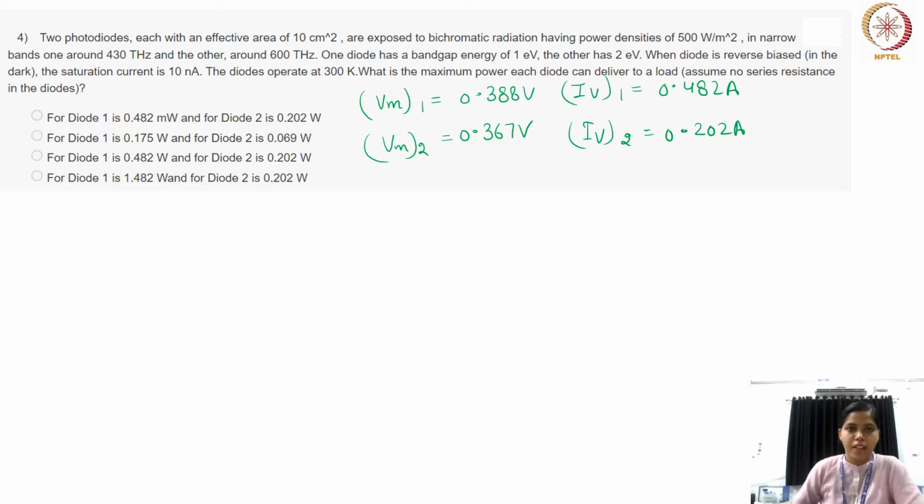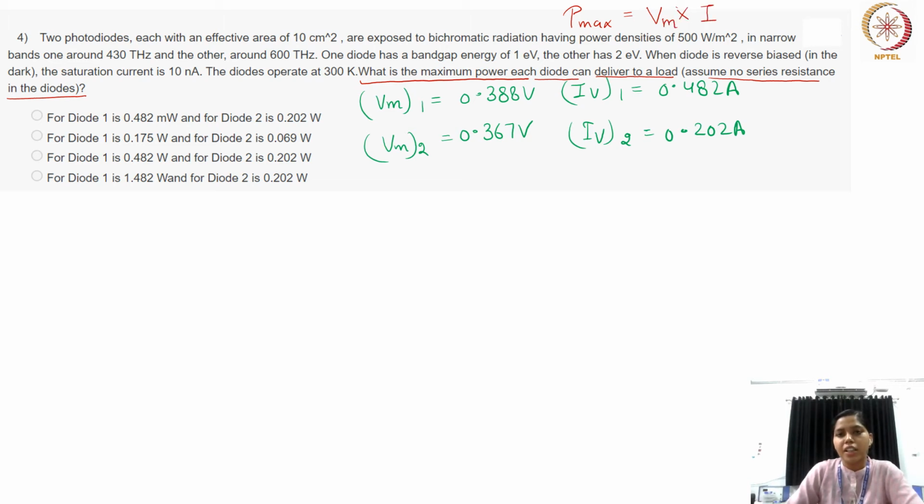So the question was, what is the maximum power that each diode can deliver to a load, assuming there is no resistance in the diodes. So for the maximum power through each diode, let's call it Pmax. Power is voltage multiplied by the current value.